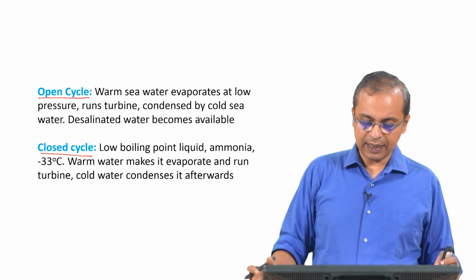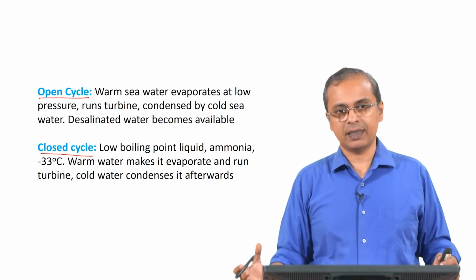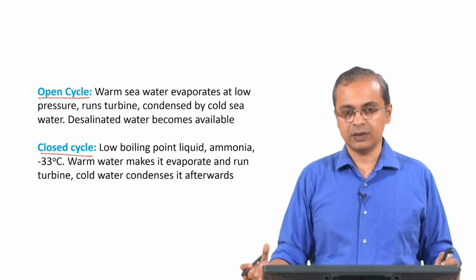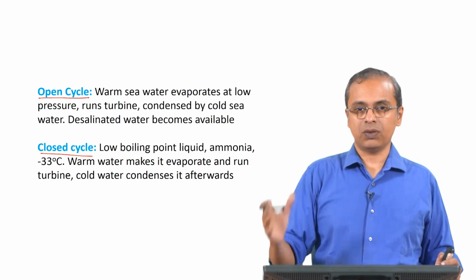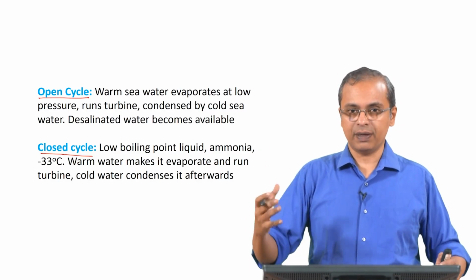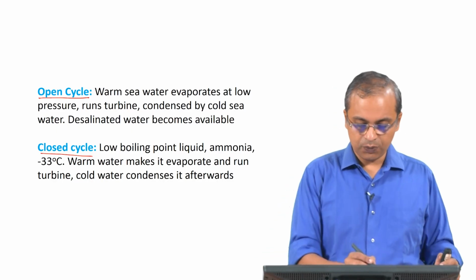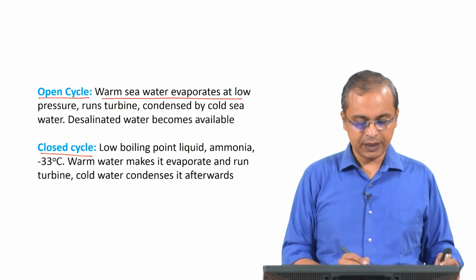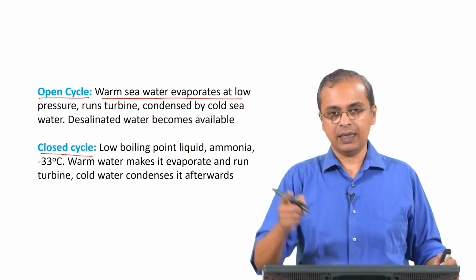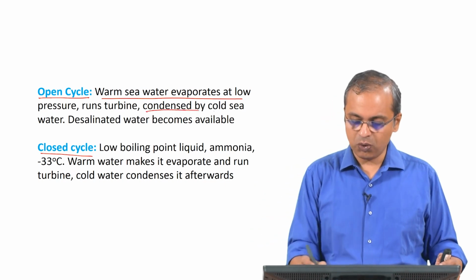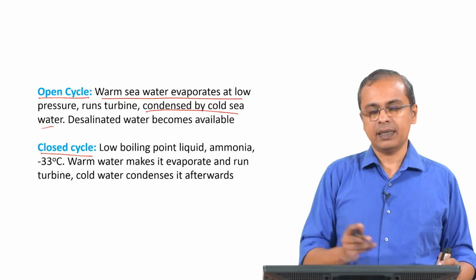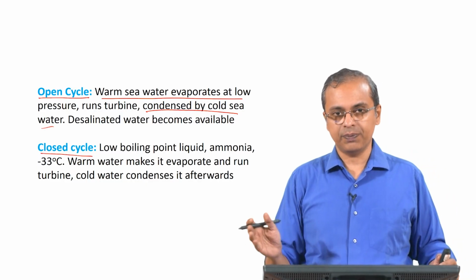So normally what is done is you can set up a low pressure situation, so that the water now comes out in vapor form and then is able to run the turbine. So, warm sea water will evaporate at low pressure and it will run the turbine. Then it will be condensed by the cold sea water, and you will have some water you can inject.